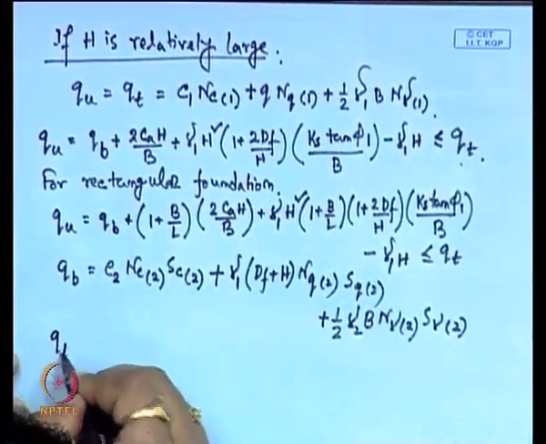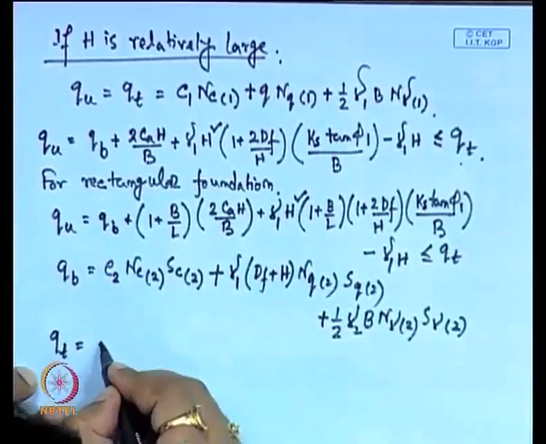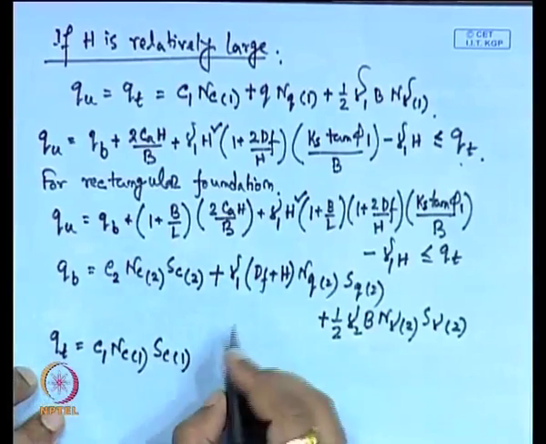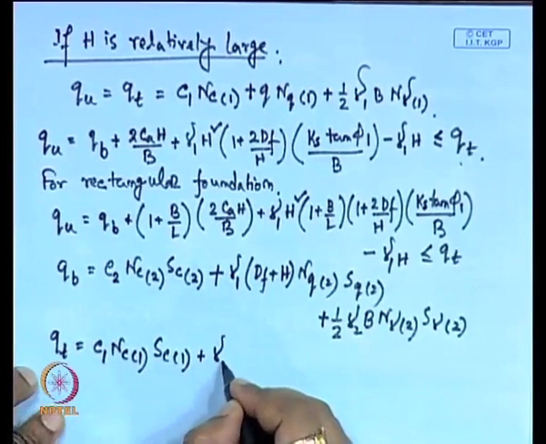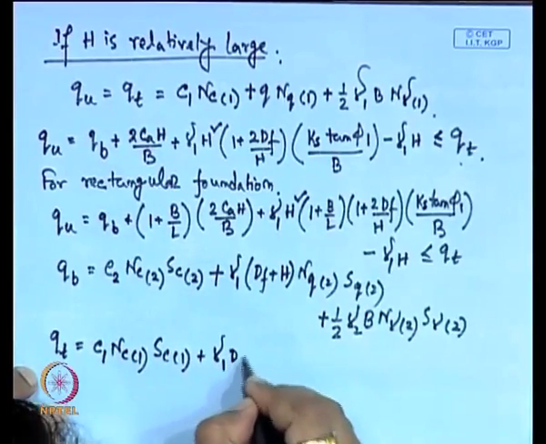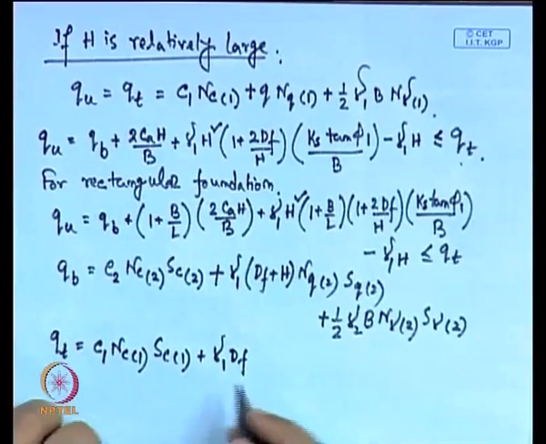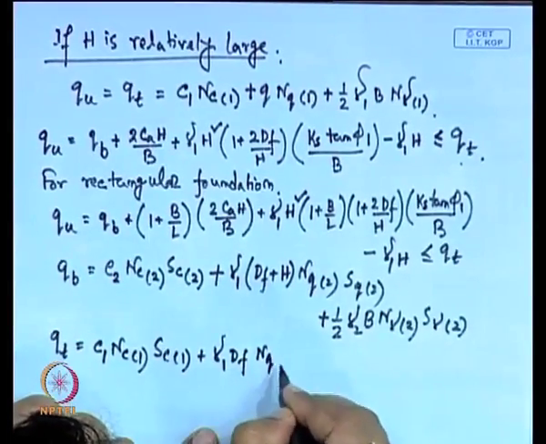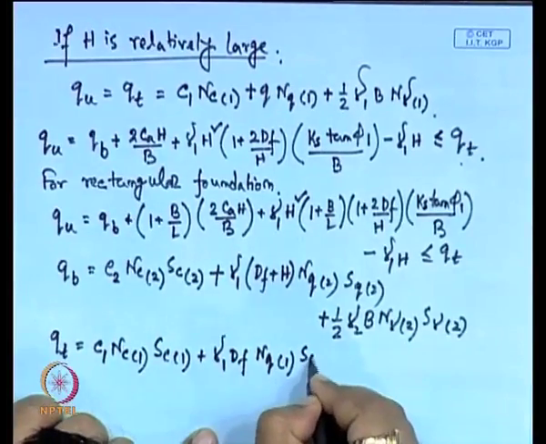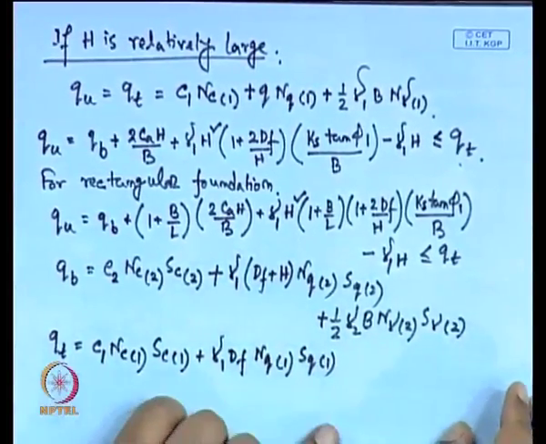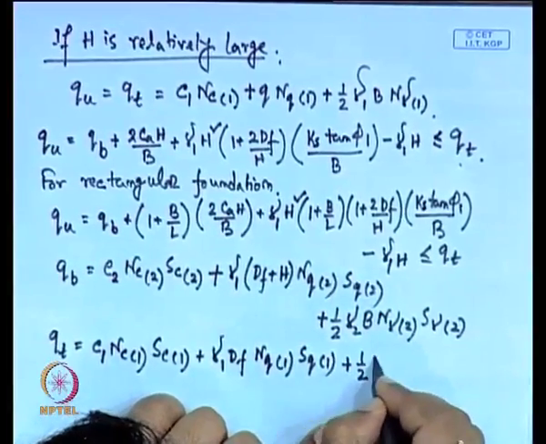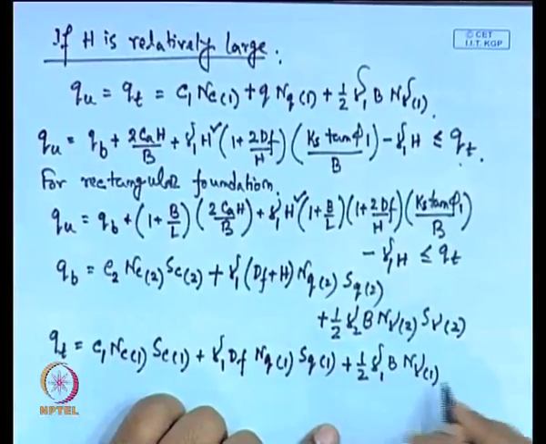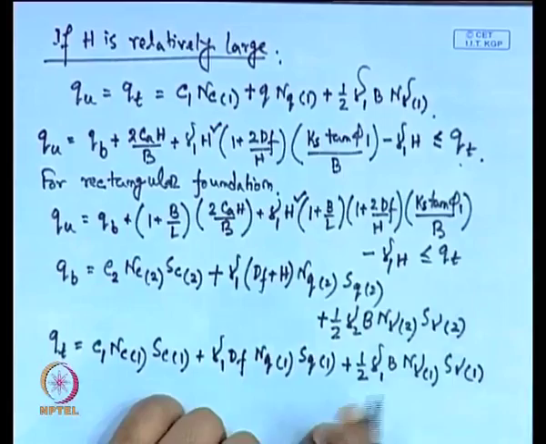Now, similarly, Qt for the top footing will be C1 Nc1 Sc1 plus gamma 1 Df, this is the surcharge, into Nq1 Sq1 plus half gamma 1 B N gamma 1 into S gamma 1.